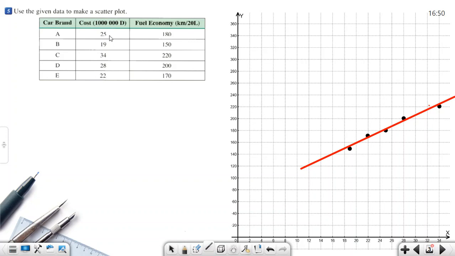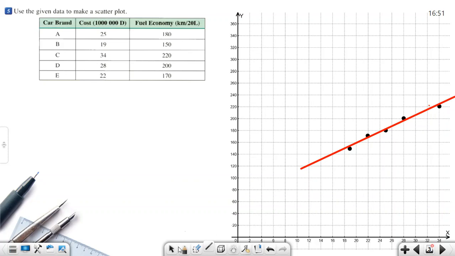When the cost of the car is increased, its fuel use increases too. So when you buy an expensive car, it uses more fuel, so you pay extra for fuel too. When one of them increases according to this table, the fuel economy increases, so you need to pay more for the gas.